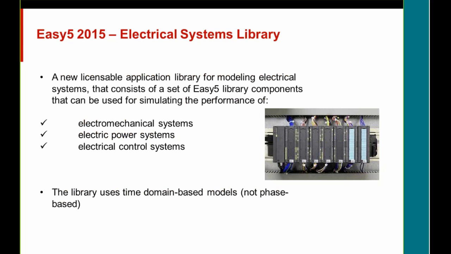And the library uses time domain-based models. It's not phase-based at the present time. So it's not so suited for modeling huge grid networks, but it is quite suited for modeling some electrical power systems and getting a lot of detail about the frequency domain, the time domain performance of your systems.